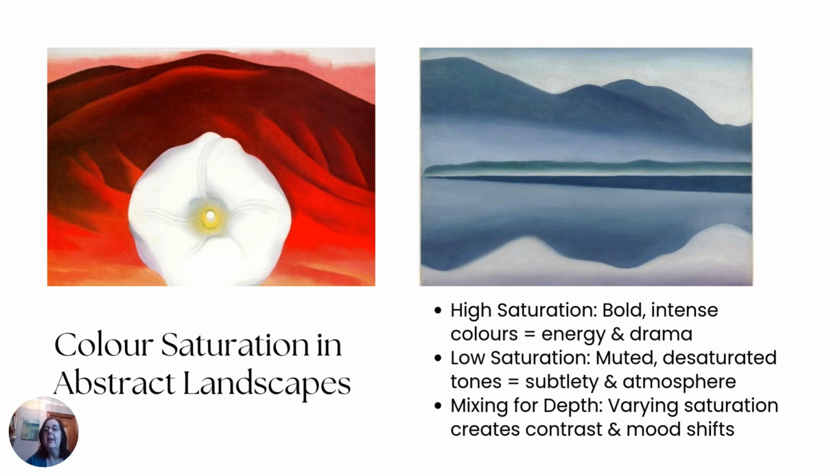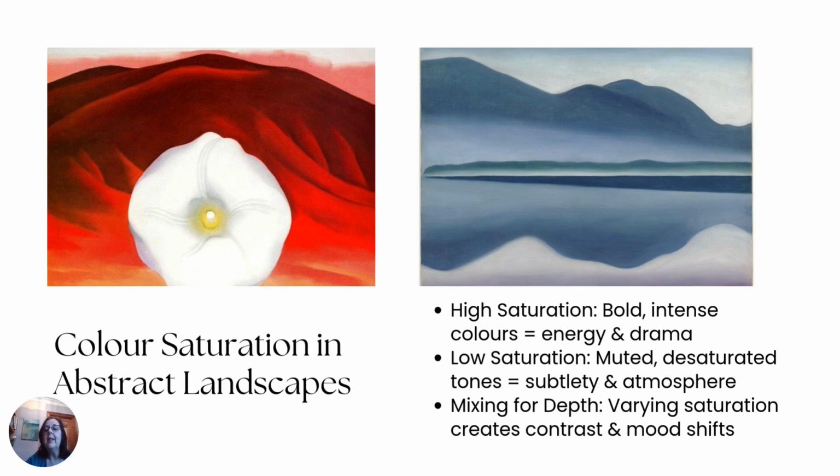Mixing saturation levels in a painting creates contrast and helps guide the viewer's eye. A highly saturated focal point against a muted background instantly draws attention, while an overall low saturation palette creates a soft, dreamlike quality. Georgia O'Keeffe's Red Hills and White Flower is a perfect example of how high saturation creates impact.